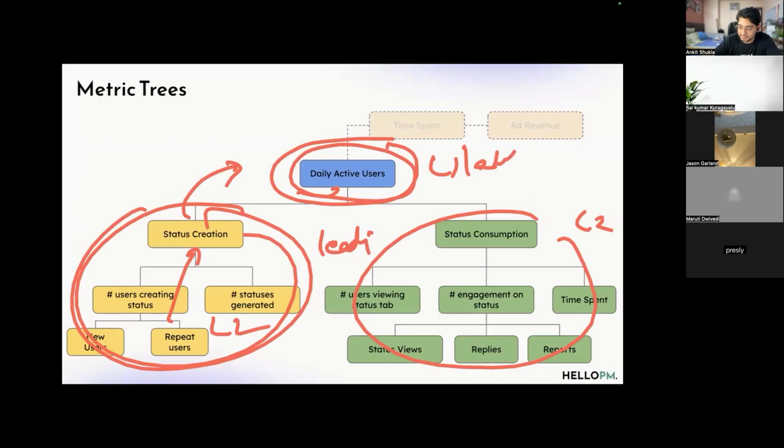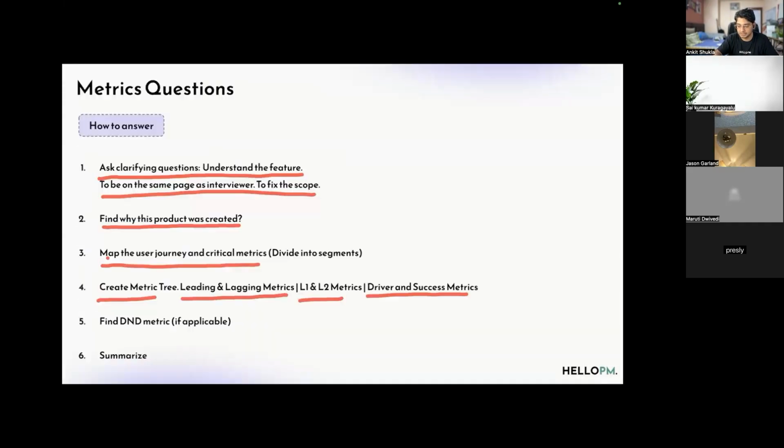This is called a lagging metric, because it takes some time to form. This is a success metric. These are the driver metrics. So there are so many terminologies: lagging, leading, L1, L2, driver and success metrics. Driver metric means what is driving this, and success is the ultimate metric.